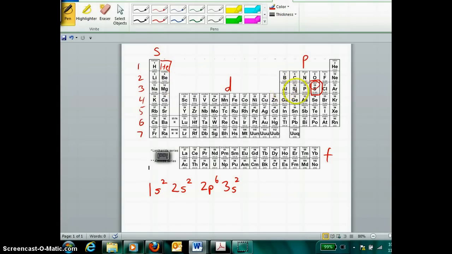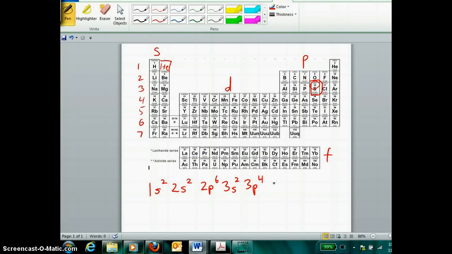So electrons 13, 14, 15, and the last one, 16, these 4 electrons go into the next P. If this is 2p, then this has to be 3p. So I'd write 3p4 for 4 electrons. And yes, 2 plus 2 is 4, plus 6 is 10, plus 2 is 12, plus 4 is 16. I have accounted for all 16 electrons.